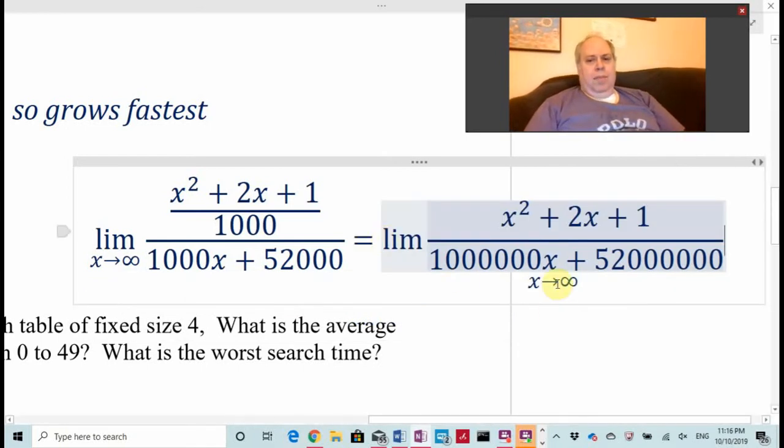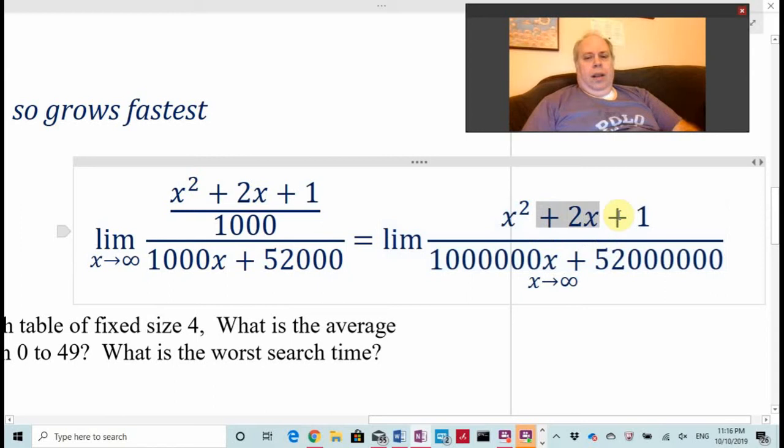It came out weird, but don't worry about that. What's going to happen is as x goes to infinity, all the lower order terms stop mattering.